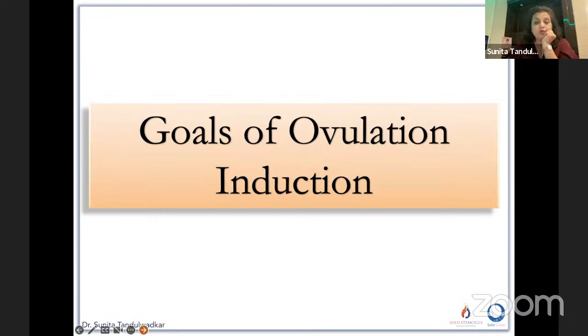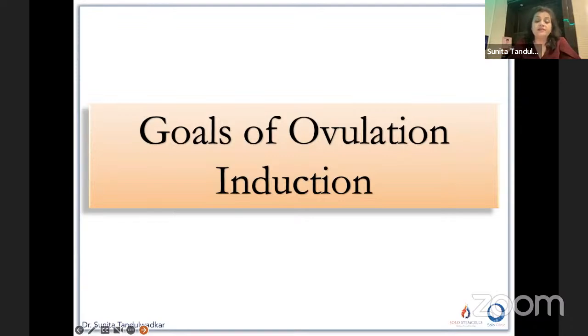So what are our goals of ovulation induction? You first have to decide whether she is anovulatory and your goal of induction is to make her ovulate, or she is ovulatory, has a regular cycle, and you want to optimize her ovulation.